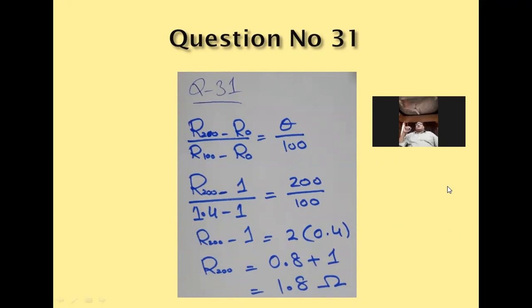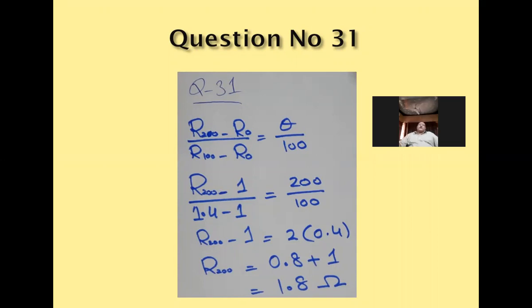The formula is R200 minus R0 divided by R100 minus R0 equals 200 divided by 100. So R200 minus 1 divided by 1.4 minus 1 equals 2. So R200 minus 1 equals 2 times 0.4, and R200 equals 0.8 plus 1, the 1 goes to the other side and we add it.